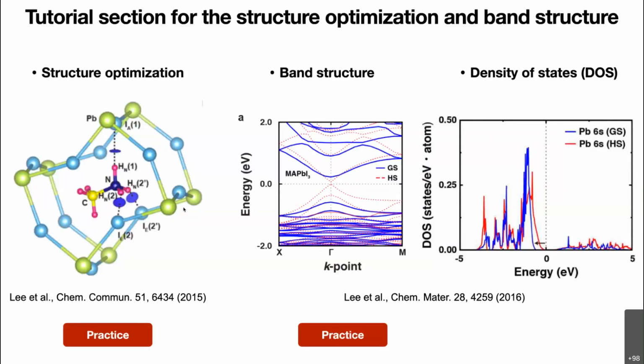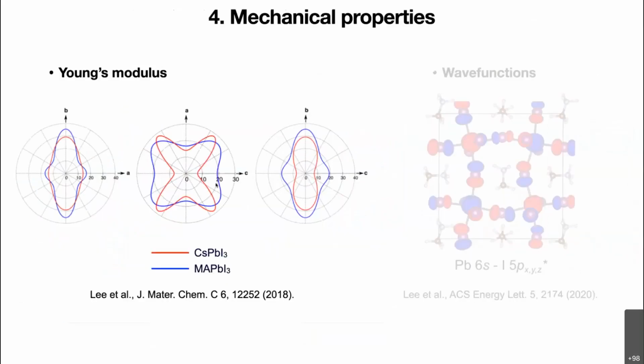From the density of states, we can understand orbital interactions and other electronic structure properties. Today we're going to optimize our example structure. Also, we will look at the band structure of a representative halide perovskite material. We're going to look at these two properties today. Also, using DFT calculations, we can easily get mechanical properties.